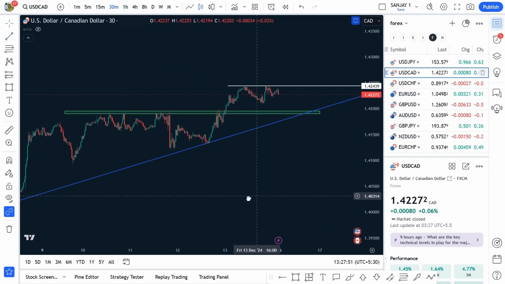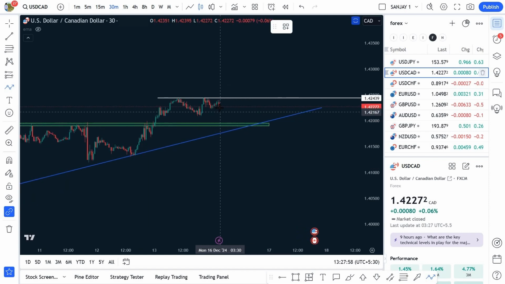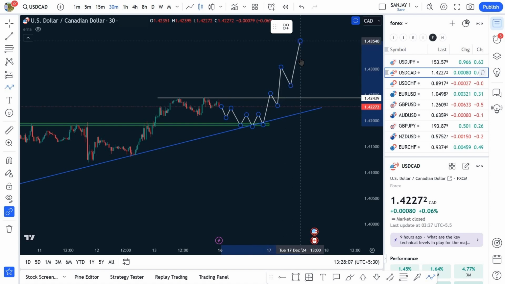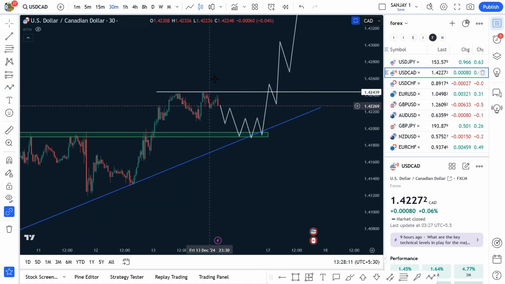So if it does not give a good breakout in the near future, it can retrace towards this demand zone or support zone, form a base here, and then again resume its uptrend. My first possibility is a breakout.